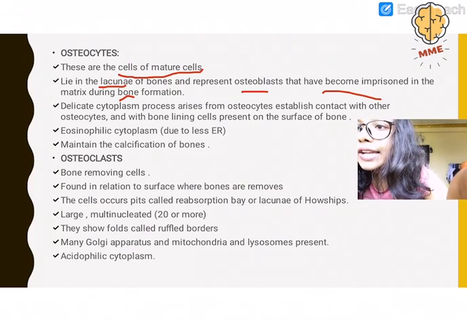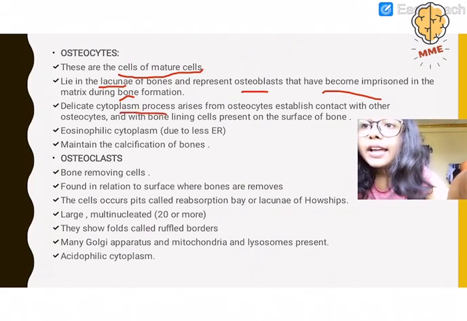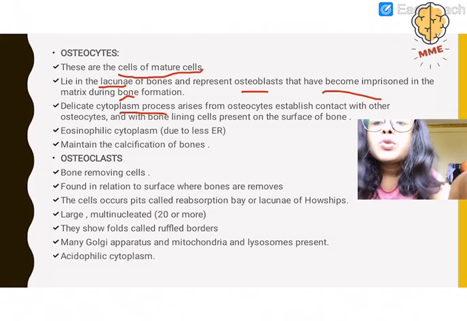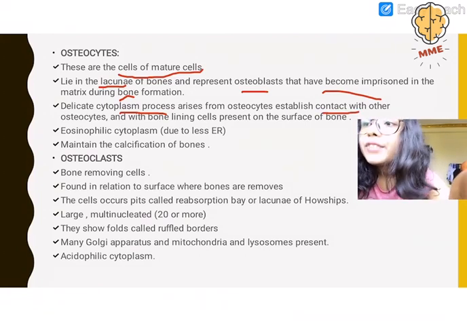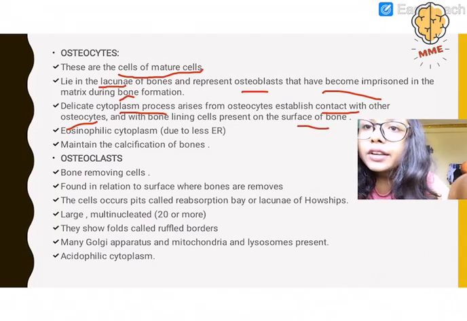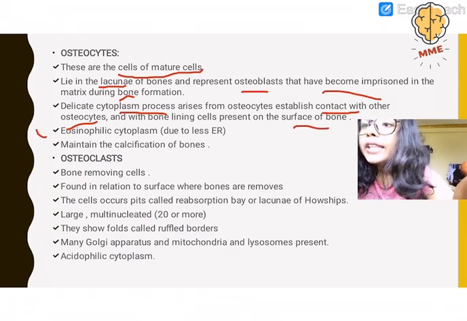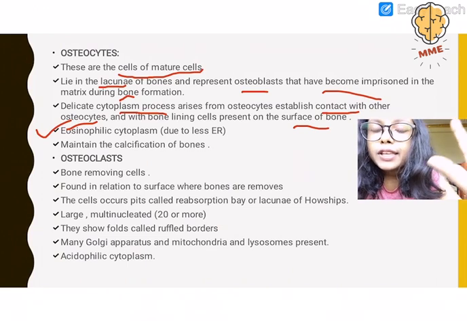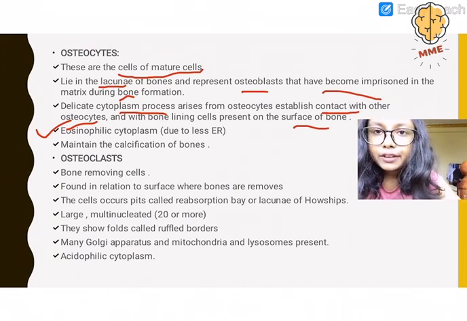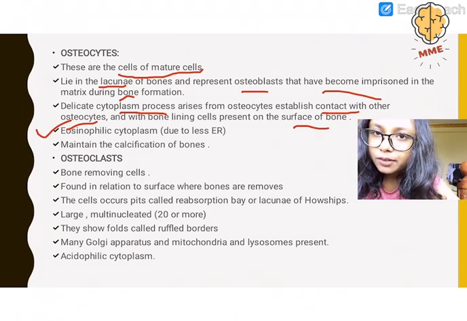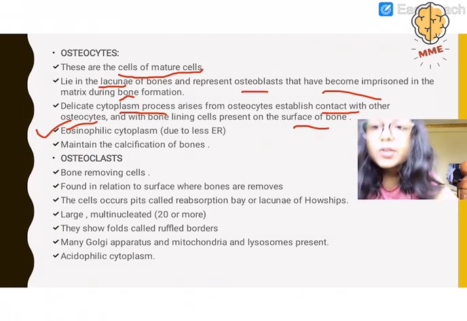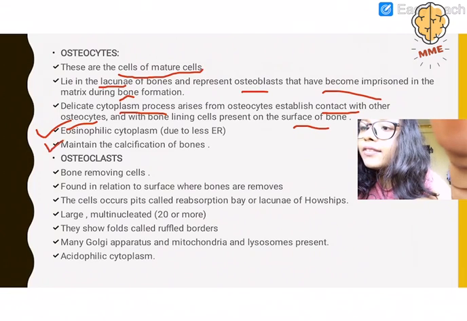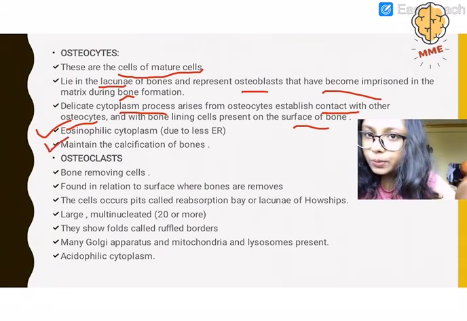They have cytoplasmic processes arising from the osteocyte to establish contact with the other osteocytes, and bone lining cells present on the surface of the bone. They have eosinophilic cytoplasm because during the differentiation the endoplasmic reticulum decreases, and hence they become eosinophilic, and they will maintain the calcification of the bones.